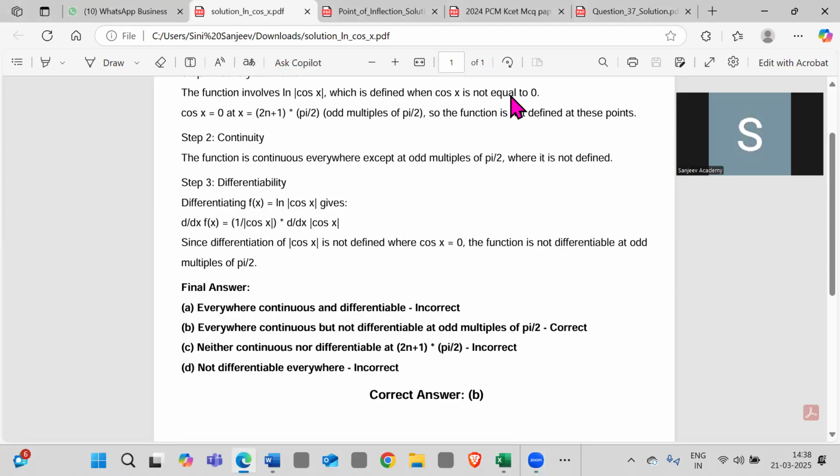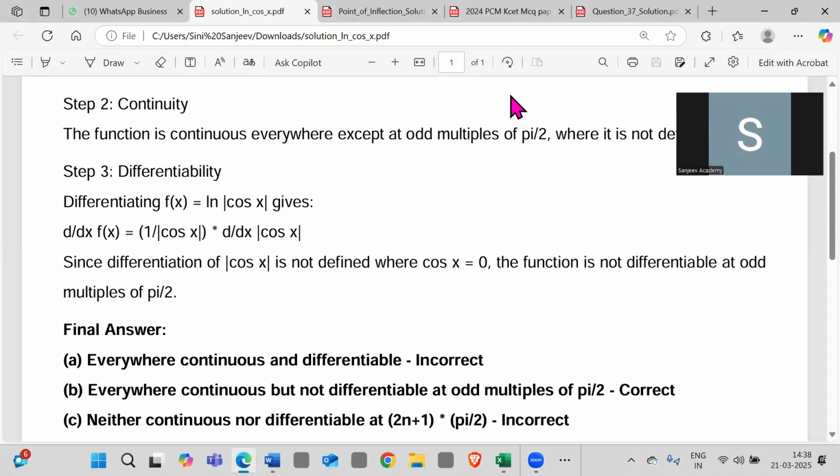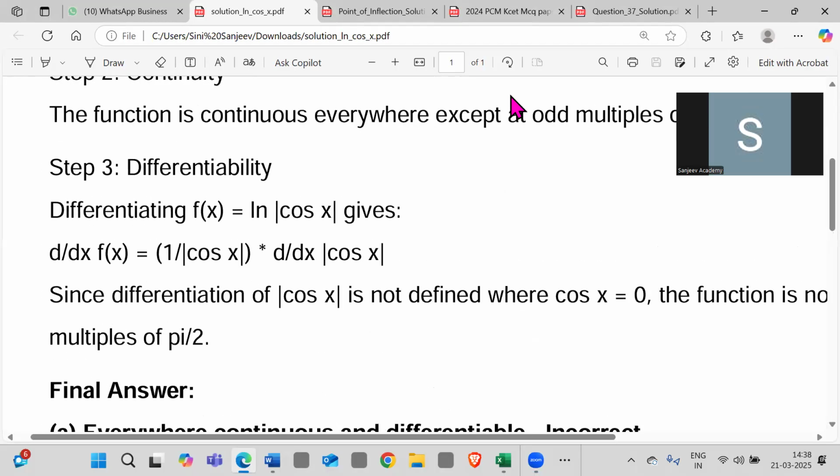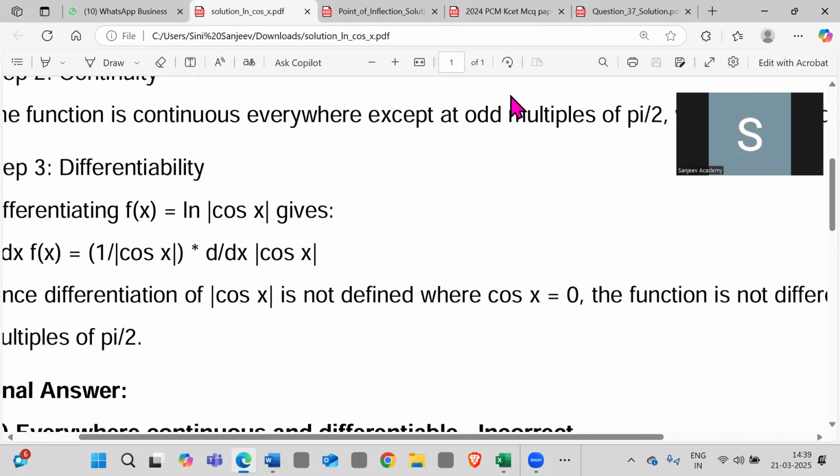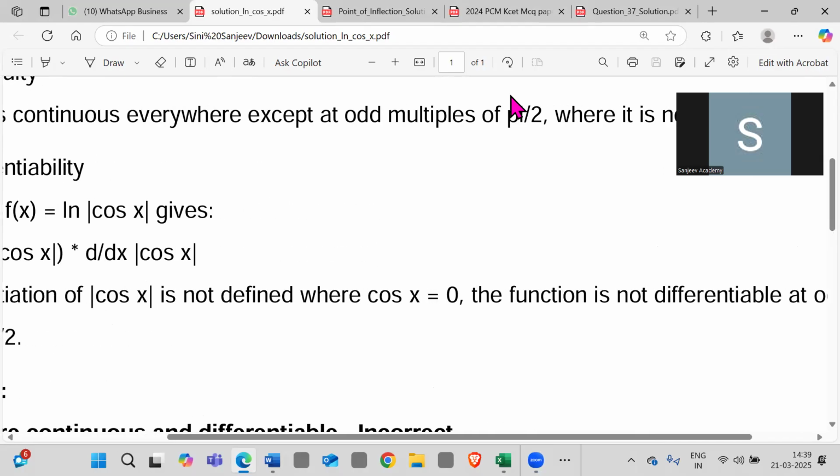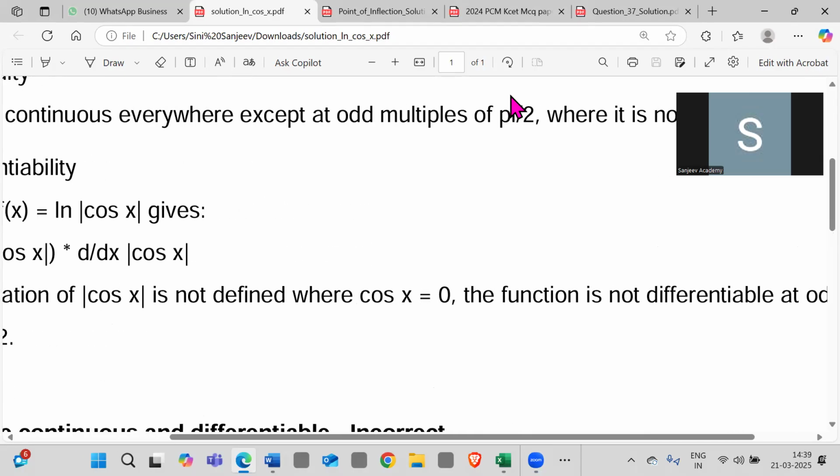See, differentiating. If I'm just saying differentiation of this, d by dx of mod cos x. When cos x is equal to 0, which means at cos 90, odd multiples, correct? Odd multiple means I'm multiplying by odd numbers, to be very simple with you guys.